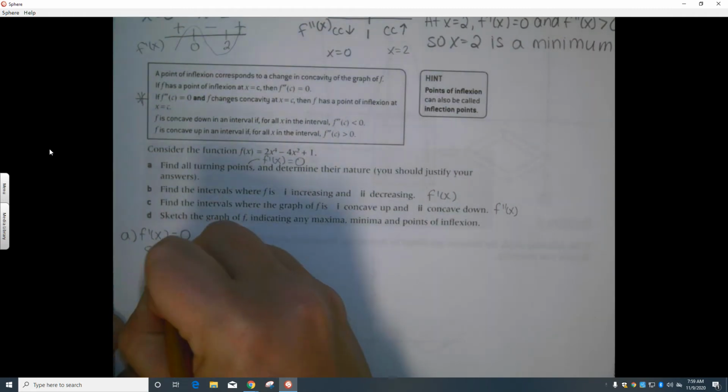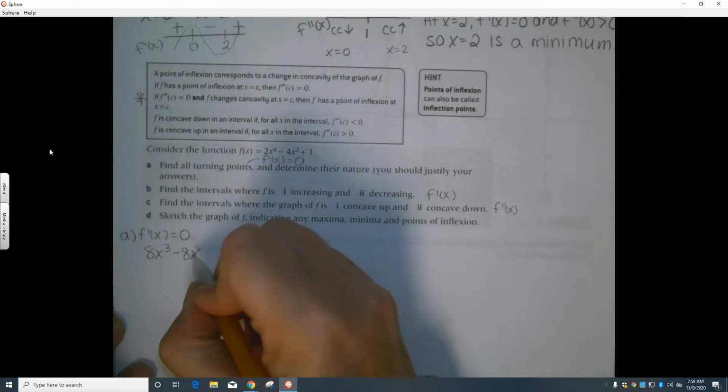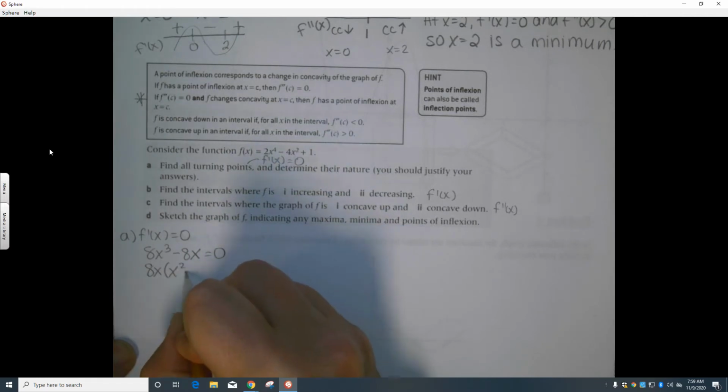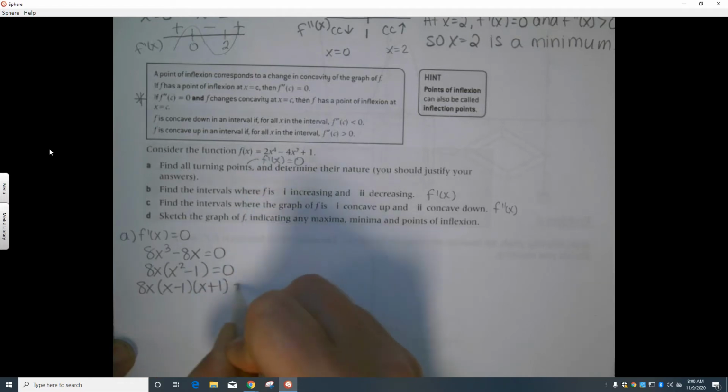So let's start with the first derivative equal to 0 for these turning points. My derivative here is 8x cubed minus 8x. I can take an 8x out of both terms, and I'm left with x squared minus 1. So we get 8x, and then this one I can factor more, x minus 1 and x plus 1.